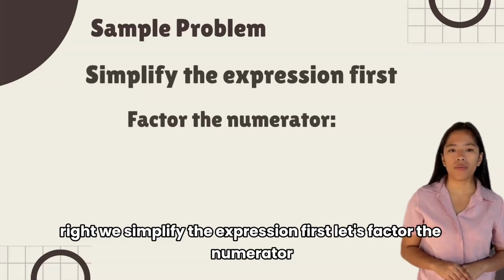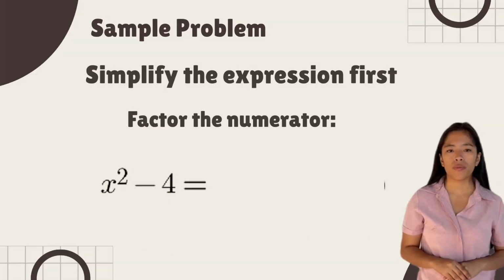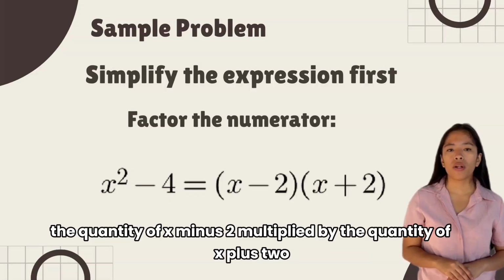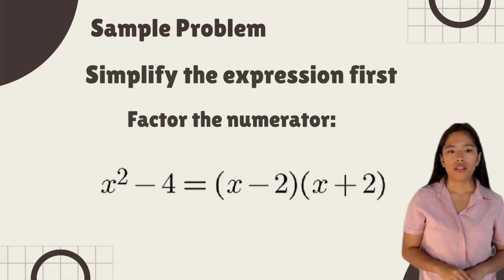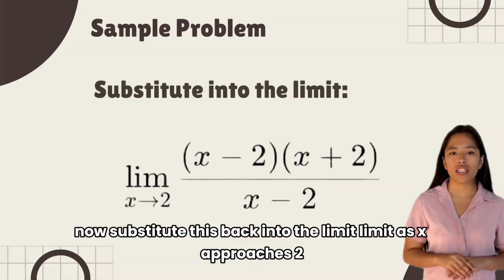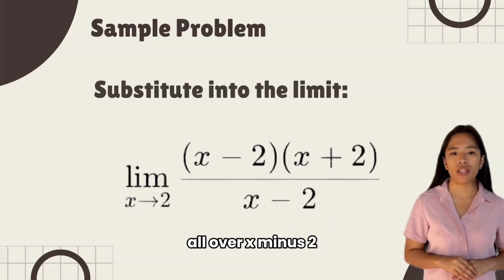Let's factor the numerator. x squared minus 4 is equal to the quantity of x minus 2 multiplied by the quantity of x plus 2. Now, substitute this back into the limit. Limit as x approaches 2 of the quantity x minus 2 multiplied by the quantity x plus 2, all over x minus 2.